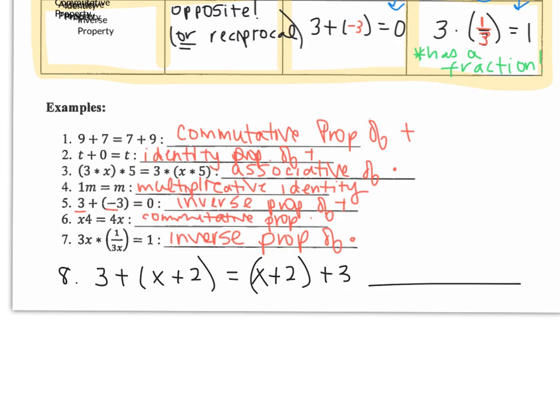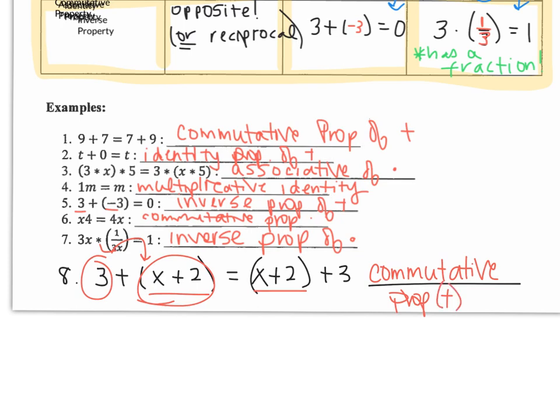Which property is it? Well, notice parentheses didn't change who they're giving hugs to, but this and this switched places, right? So what property deals with switching? Commutative of addition.